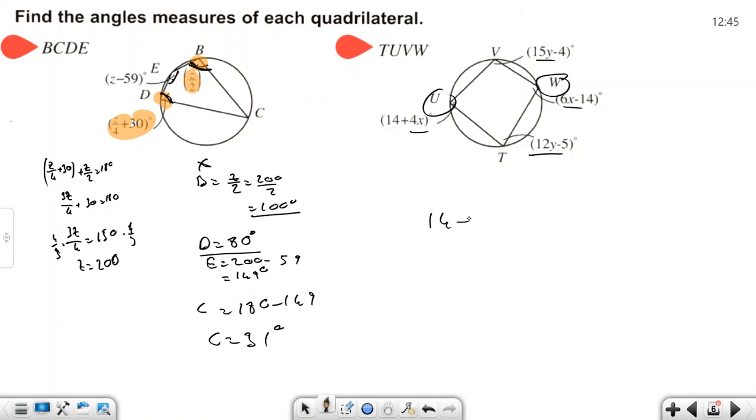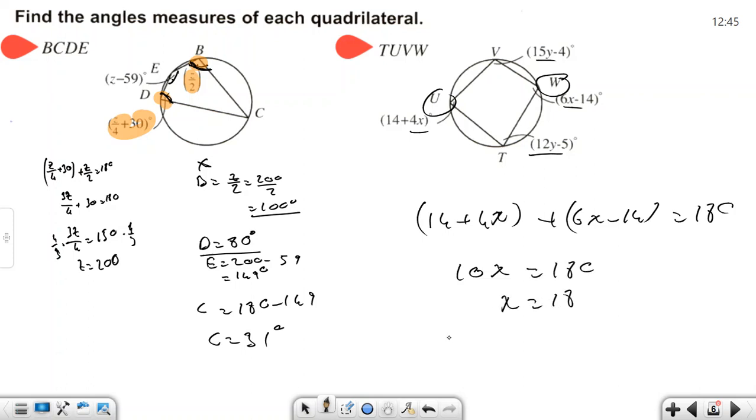These are opposite angles. 14 plus 4x plus 6x minus 14, it's equal 180. So 4x plus 6x, 10x, 14 minus 14 is 0, so equal 180. X equal 18.